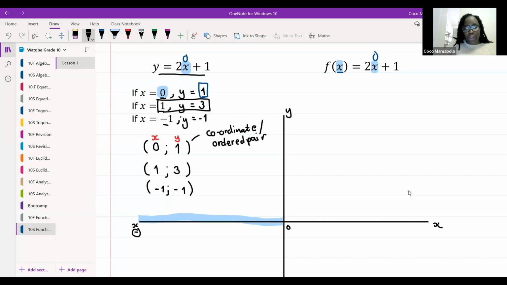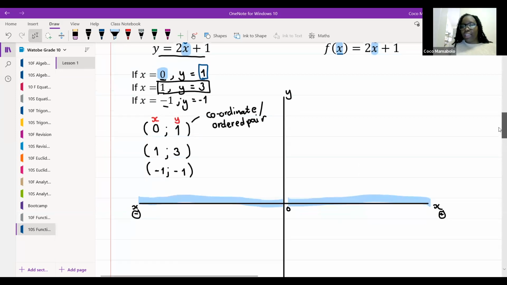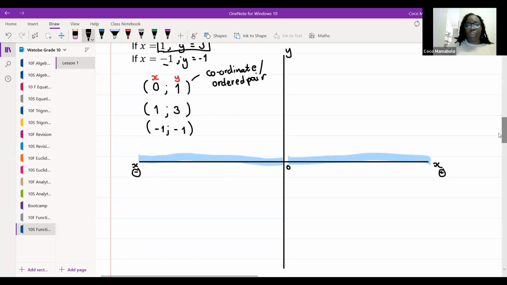And all the values over here are going to be my positive x values, right? If I go in the other direction, all the values up here are going to be my positive y values, and all the values down here are going to be my negative y values, right?